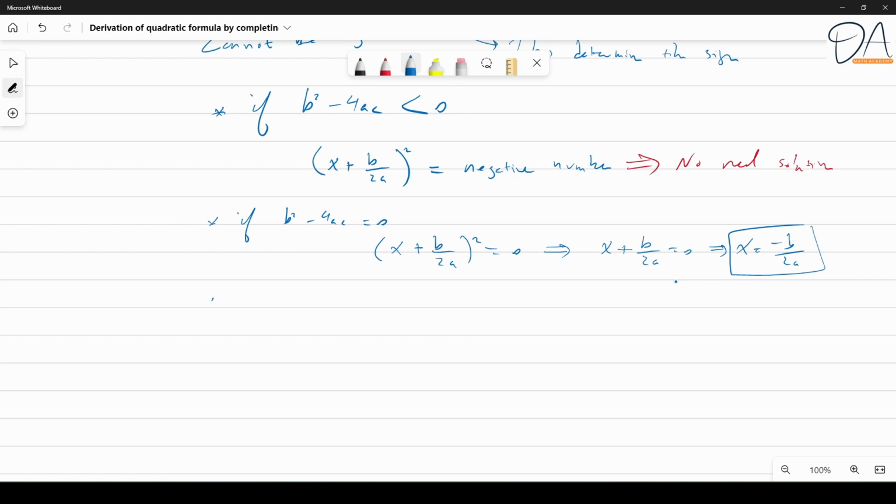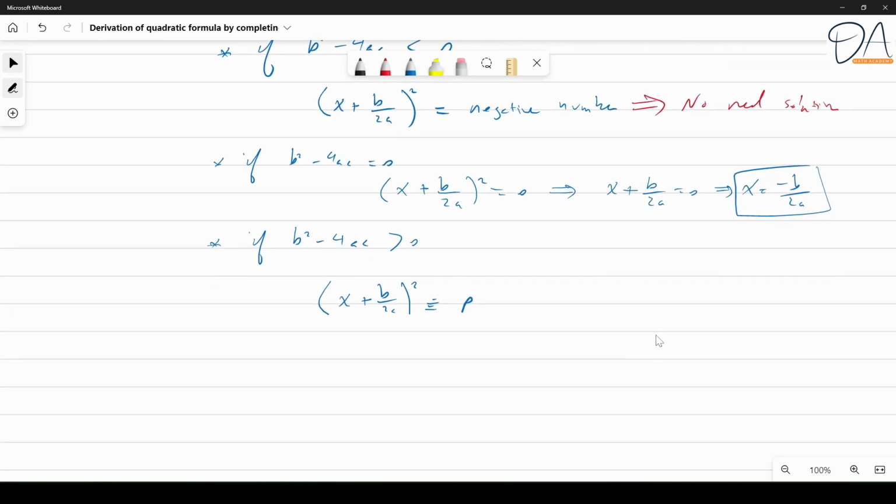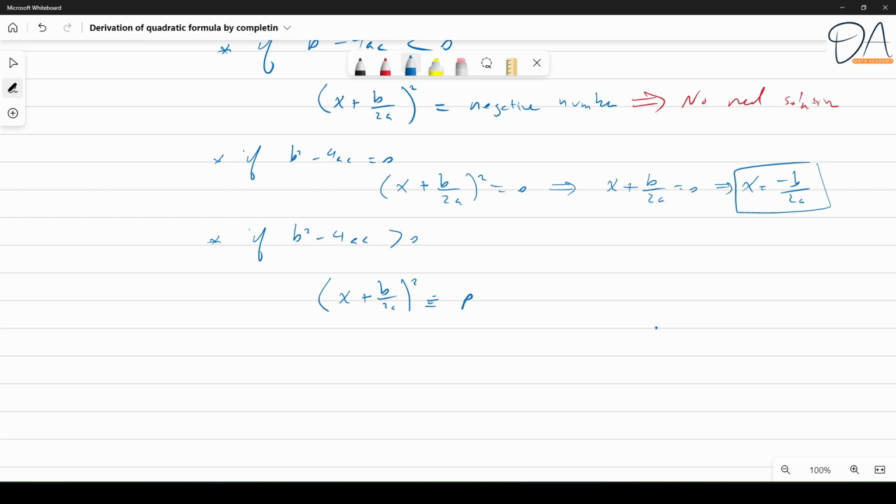The final possibility is that the discriminant, b squared minus 4ac, is positive. Then our equation becomes something like this: some positive number, let's call it p. To solve an equation like this, you take the square root, so you get b over 2a, and you need to take both sides, plus and minus. Why plus and minus?